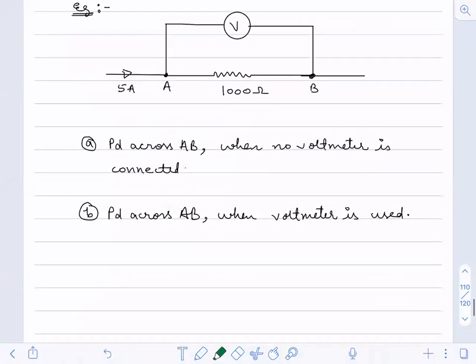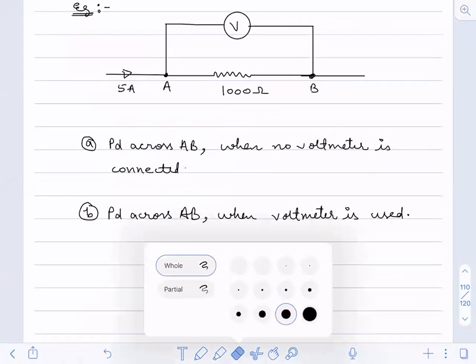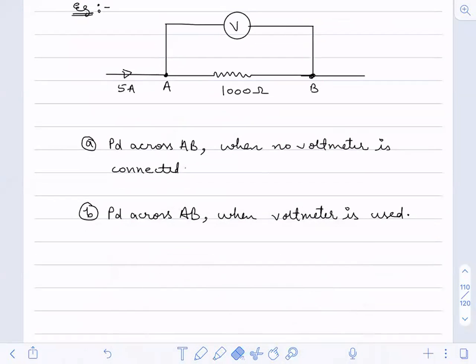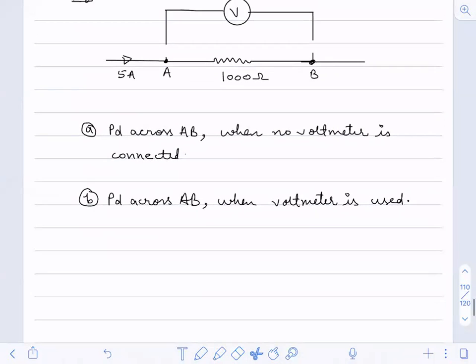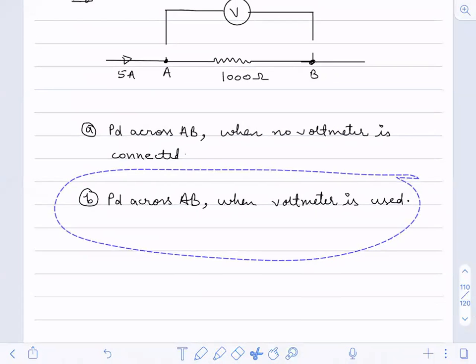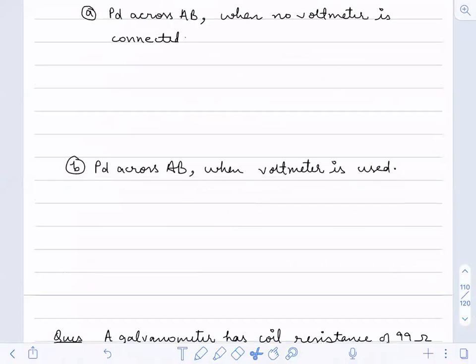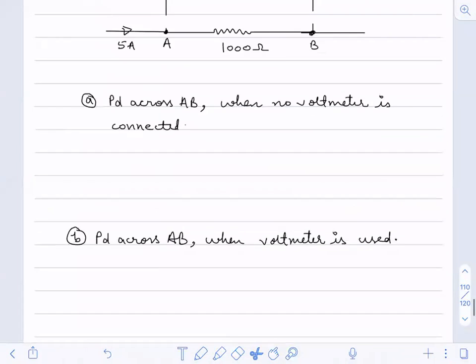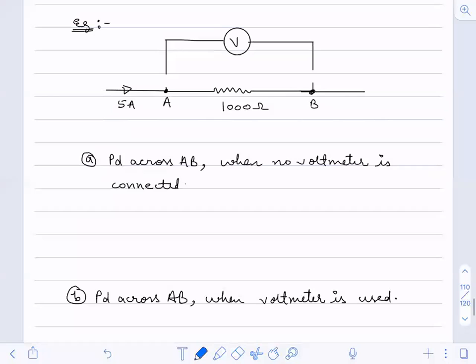Suppose this is the case, and this voltmeter is not connected. Now you tell me, what is the potential difference across AB?